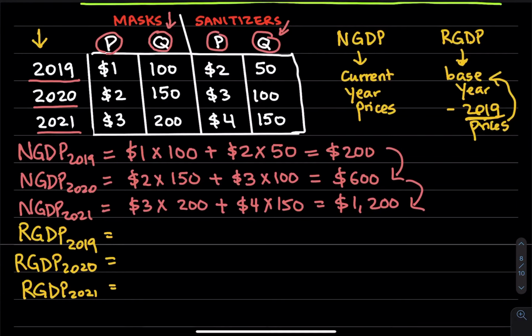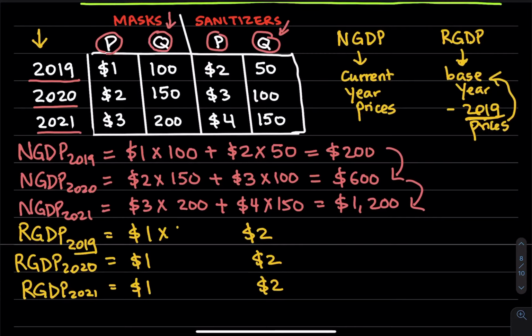So when it comes to 2019, obviously those prices are going to be for the year 2019, but then we're going to copy paste these prices across different years. Okay, now we've copy pasted these prices, and these prices are always from the base year when we're computing real GDP. So now we're just going to take the same quantities from that year.